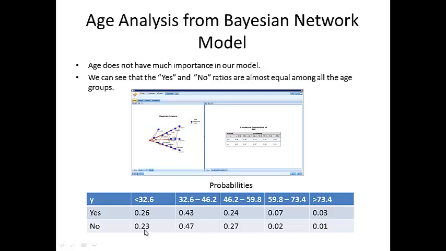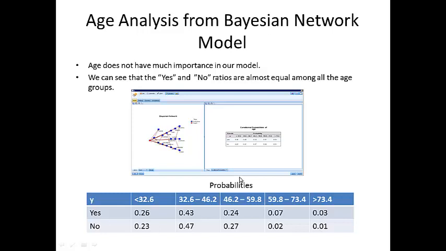So here we can't conclude that as the age group increases from 32 to 46, we have the highest probability that the person will take an offer, because the no percentage is also high for that age group, so it's almost 50-50.